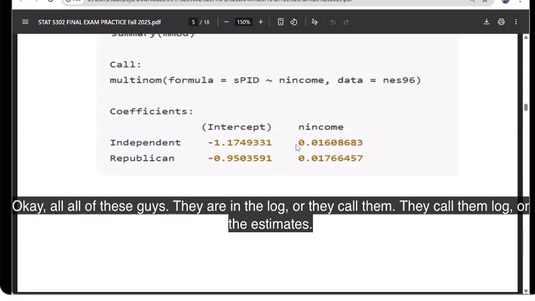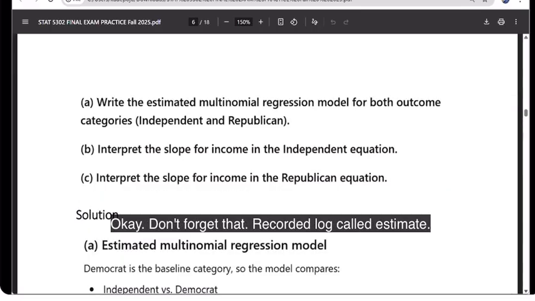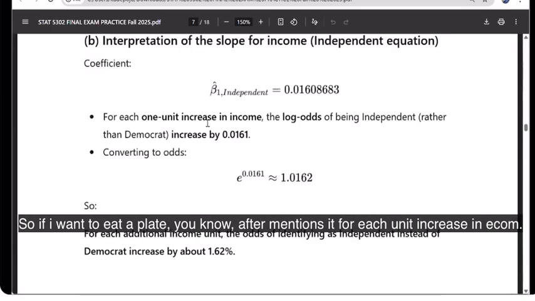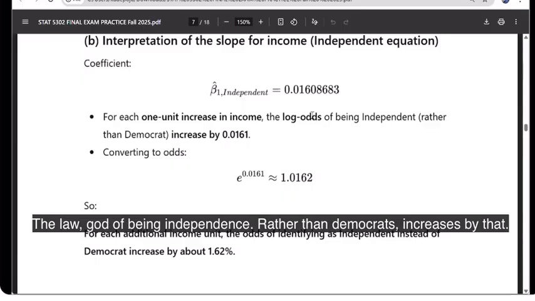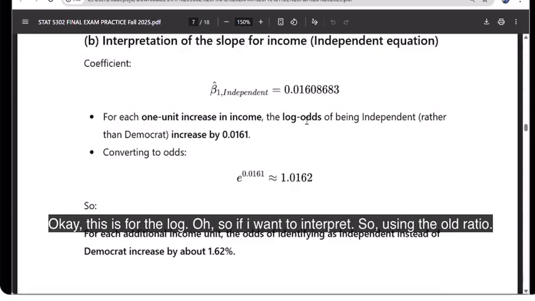They call them log odds estimates. Don't forget that. So if I want to interpret, I have to say, for each unit increase in income, the log odds of being independent rather than Democrat increases by that.